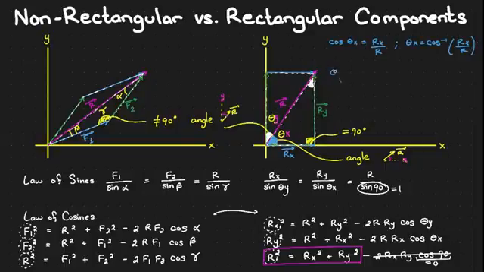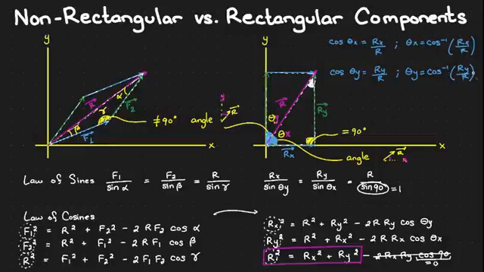How about cosine of theta y? Well, cosine of theta y is this angle, and the side that is adjacent to theta y is ry, and by definition cosine is adjacent over hypotenuse, so cosine theta y is equal to ry over r, or if you're interested in just theta y, that is equal to the inverse cosine of ry over r.